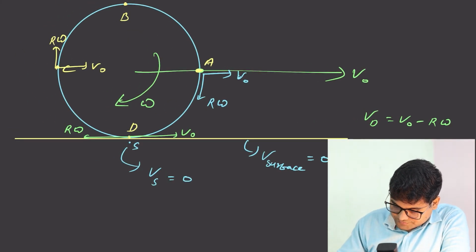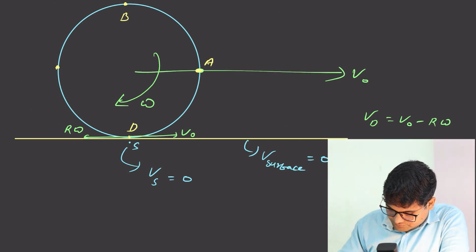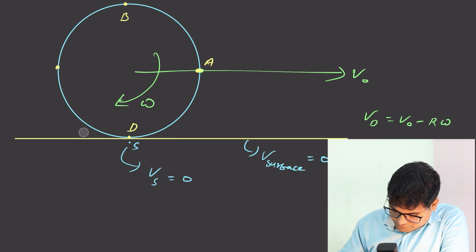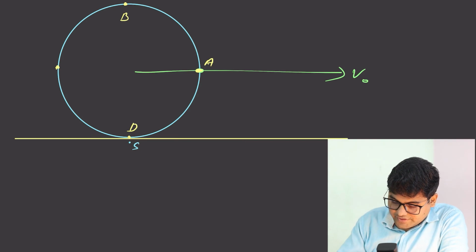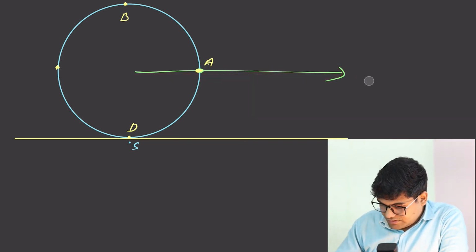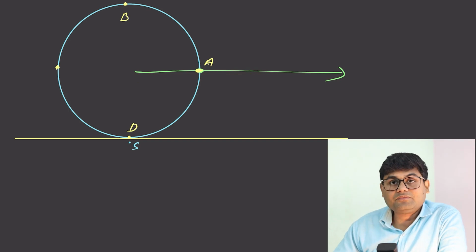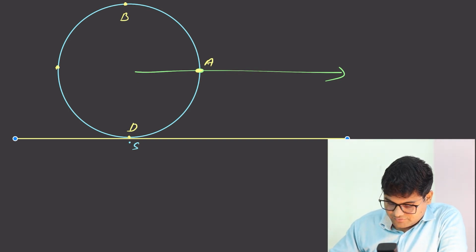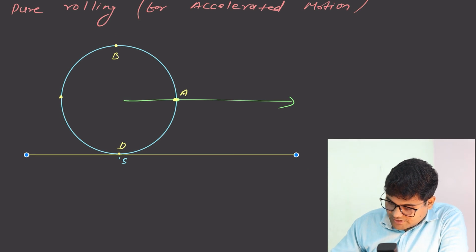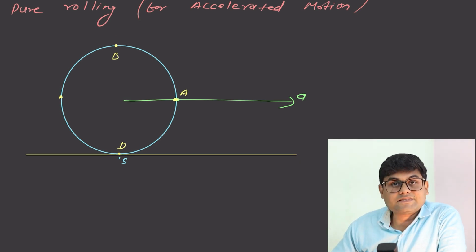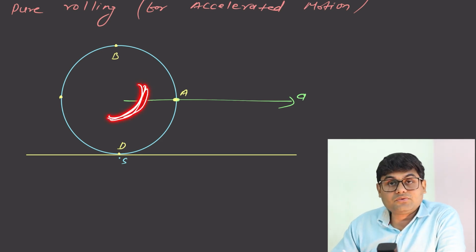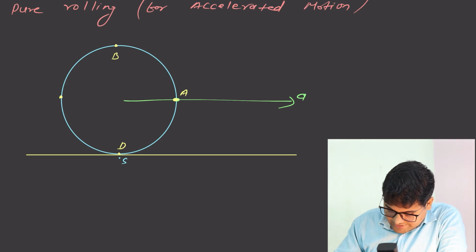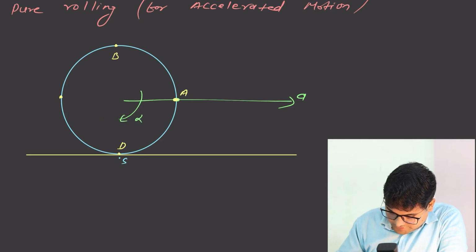Let's say now this object is moving with some acceleration. It will have some velocity which is changing, obviously, and will keep on changing. But now let's say this object has some acceleration A. So this body will be rotating, and it will also have some angular acceleration, and let's say this angular acceleration is alpha. Let's call this point C.